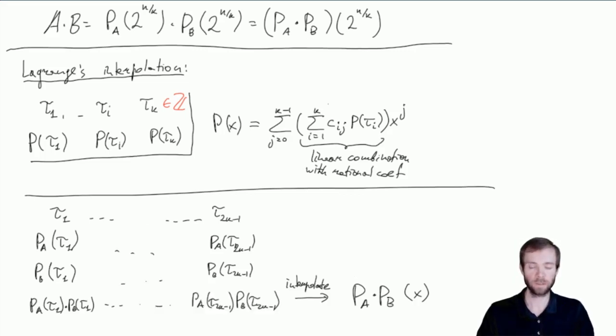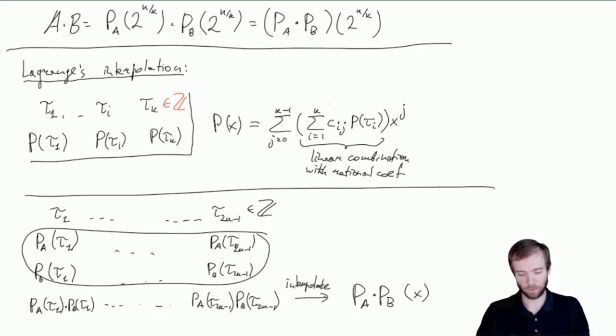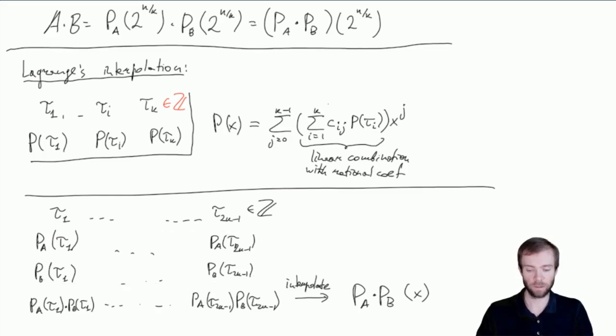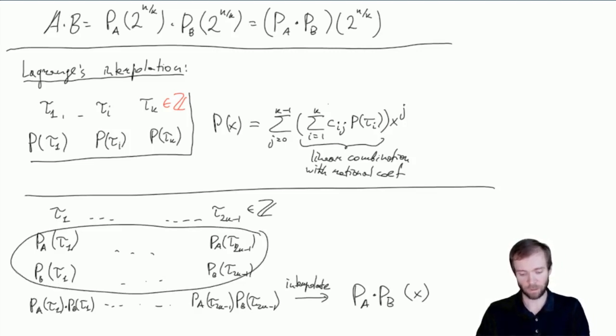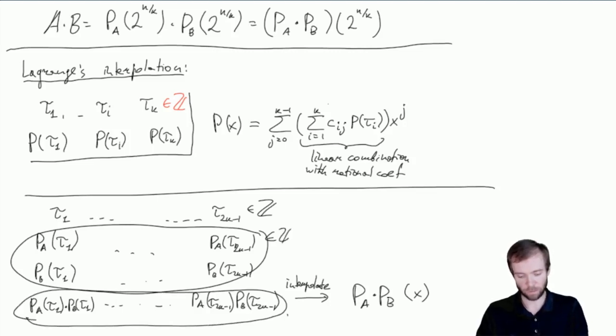So this is our final scheme. We'll take enough points, they will all be integers, we'll calculate all these values, and recall that our polynomials pa and pb are actually polynomials with integer coefficients. So all these guys are integers as well. Then all these guys are integers.